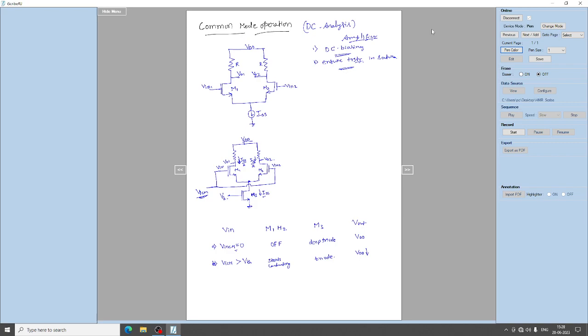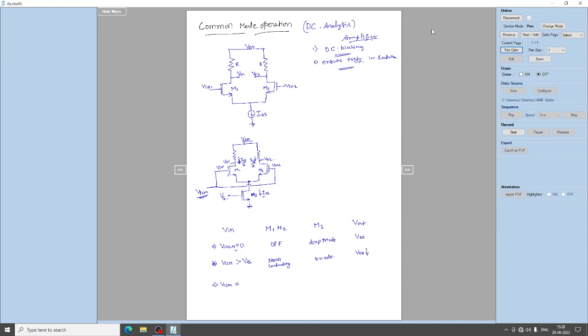We ensure the transistor is in saturation region by knowing the relationship between VDS and VGS. VDS of M1 should be greater than VGS minus VT.